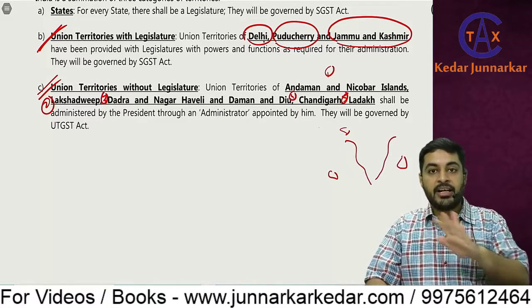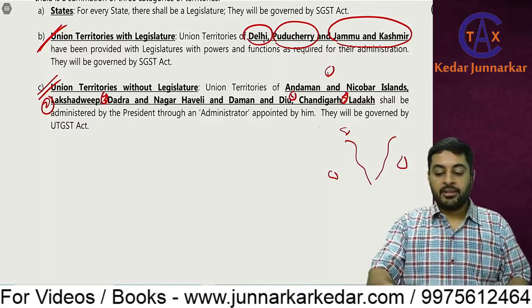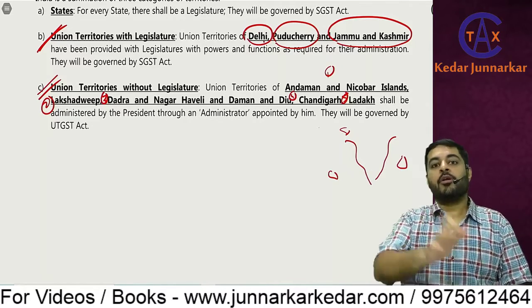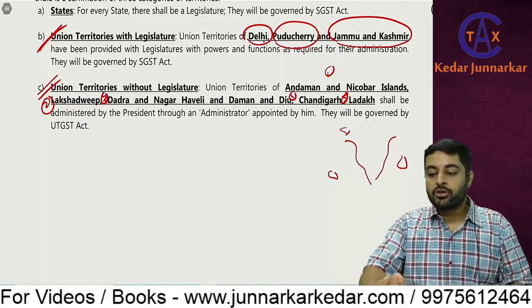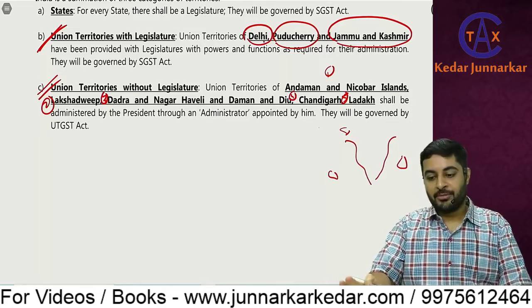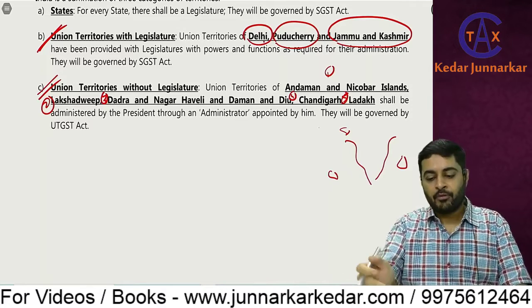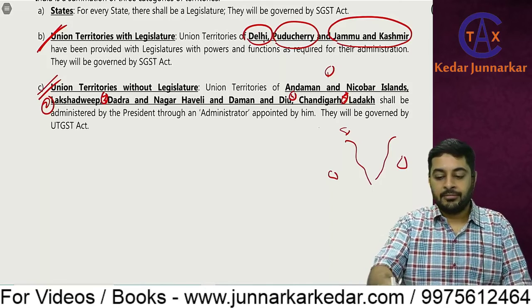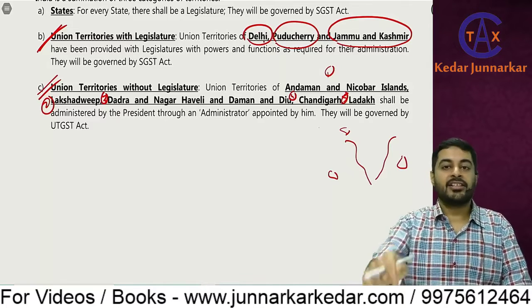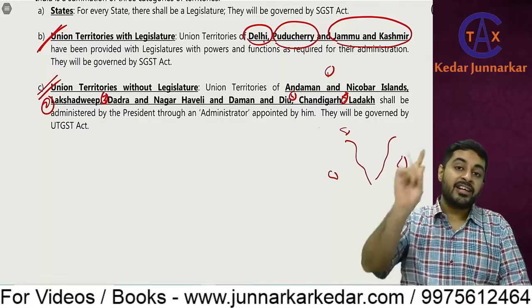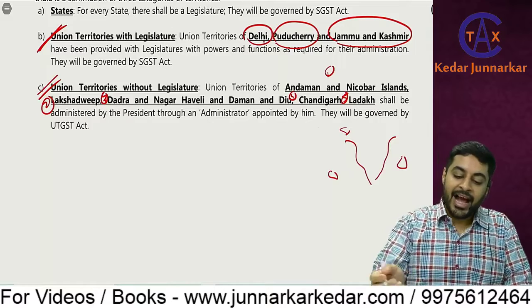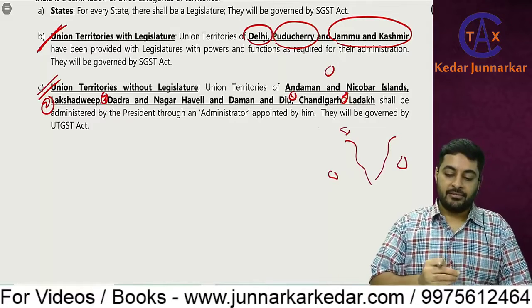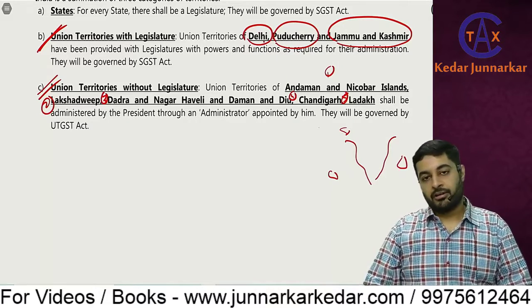So these three union territories with legislature, even if they have powers similar to a state, most major powers are not given to these elected governments. Like, Delhi police is not under Arvind Kejriwal. They are under the central government.